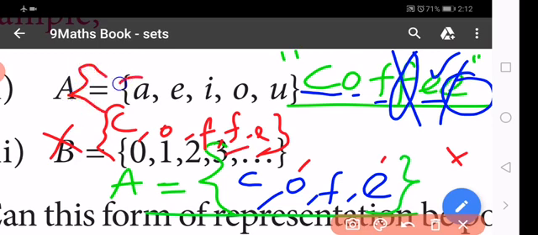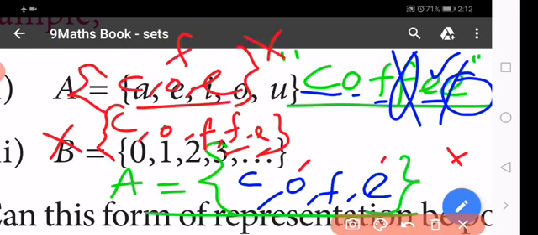Now another one, C O E, it is also invalid because the letter F is omitted. So this is the roster form. Do you understand?